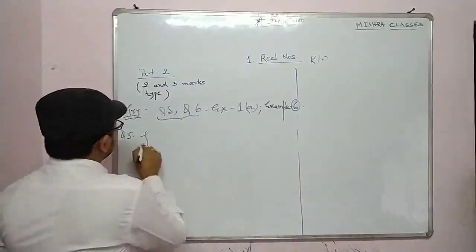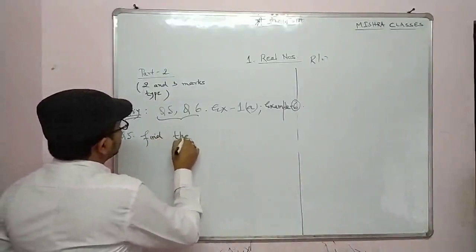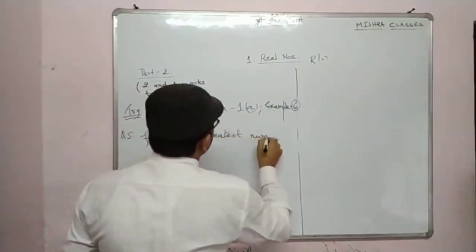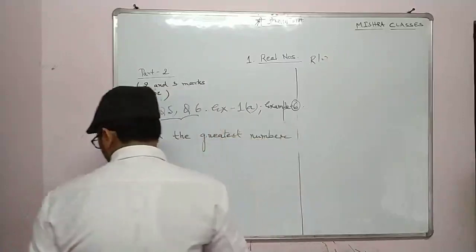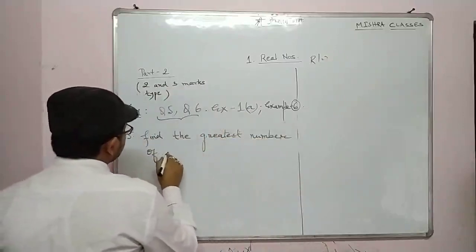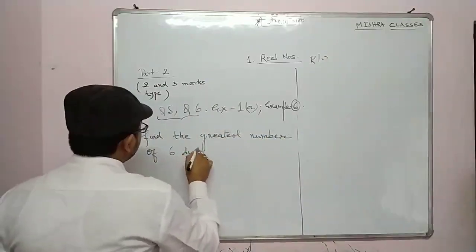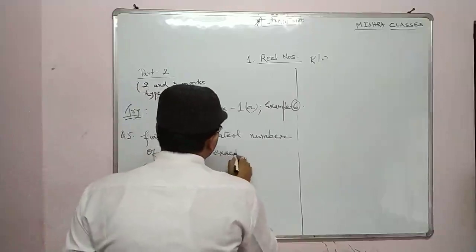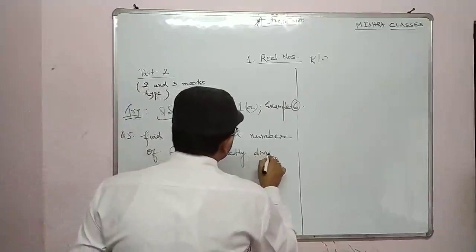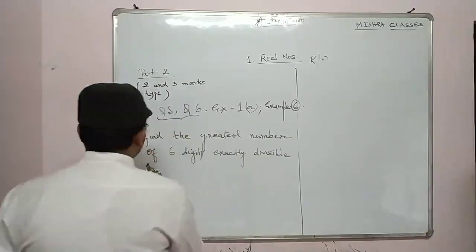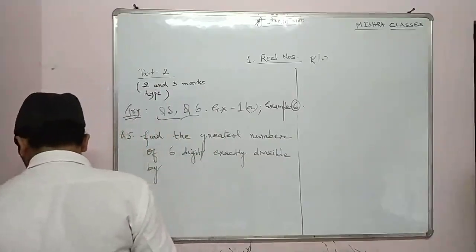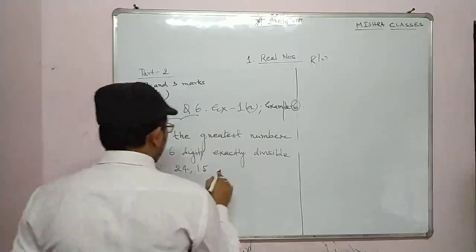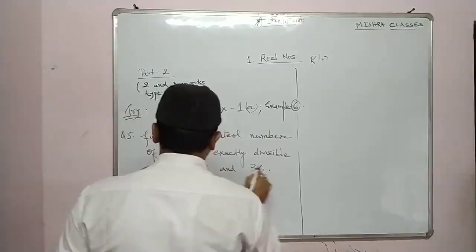Find the greatest number of 6 digits exactly divisible by 24, 15 and 36.